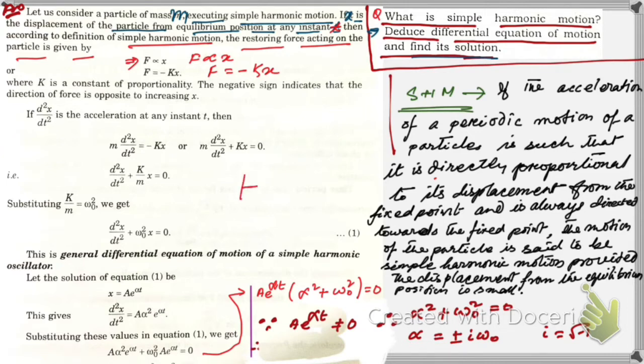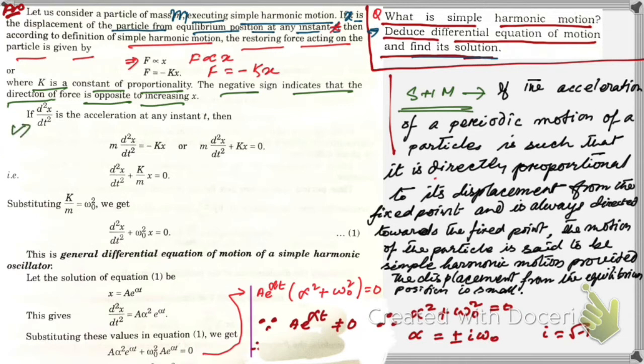Suppose you have an oscillator, a system undergoing simple harmonic motion, with mass m. When it moves forward, the spring pulls the mass backward. That's why the negative sign comes. Here k is the constant of proportionality, and the negative sign indicates that the direction of force is opposite to the increasing displacement.